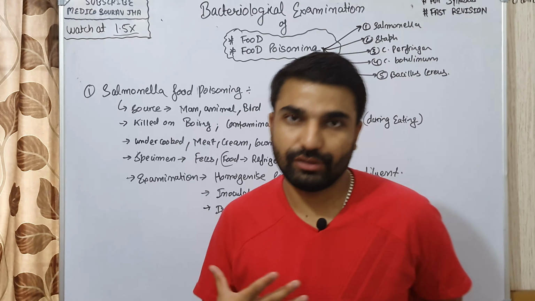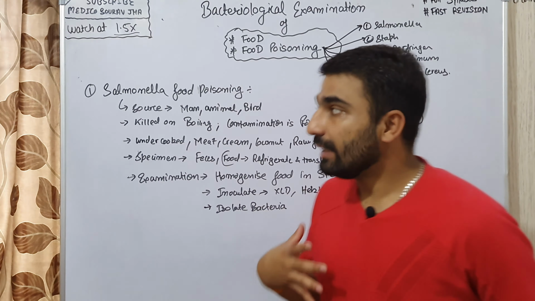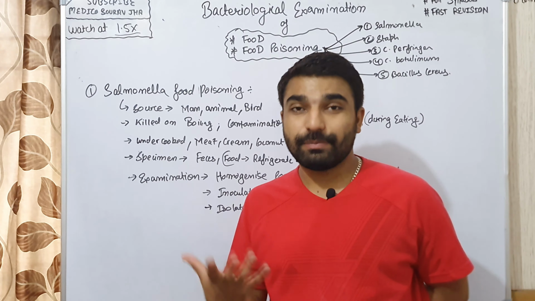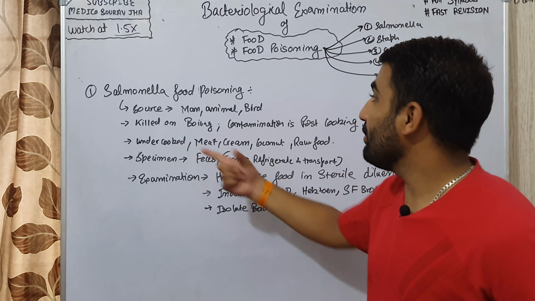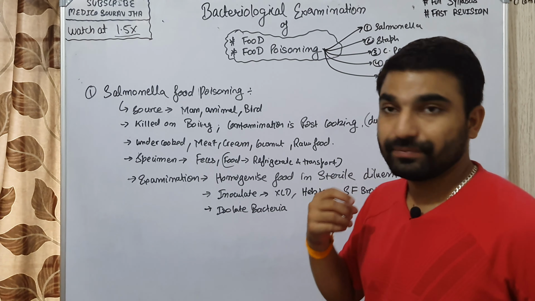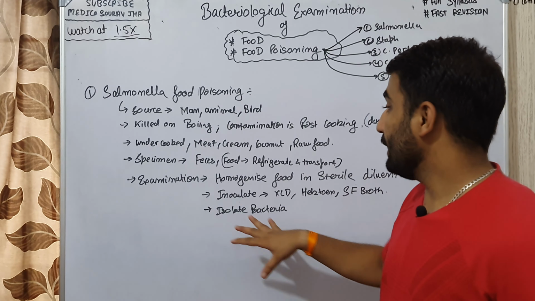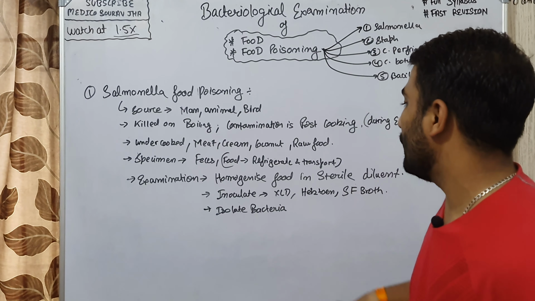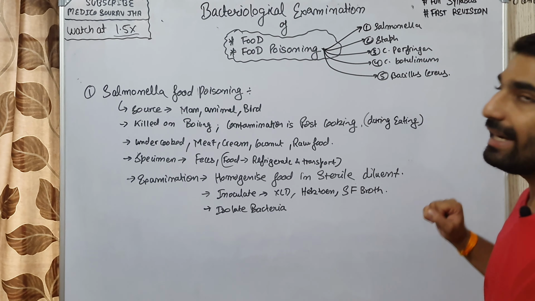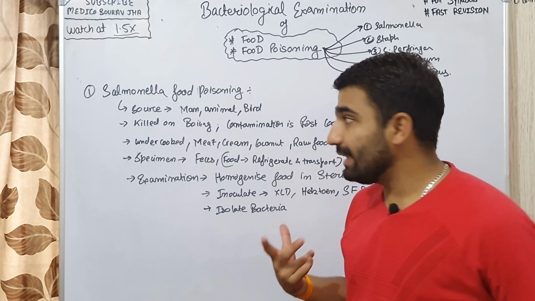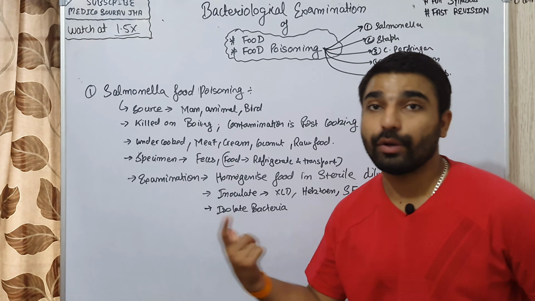If a doctor diagnoses food poisoning and suspects that it can be salmonella, a microbiologist will inoculate it on XLD agar, hectoen agar and selenite F broth to see how the salmonella is growing.